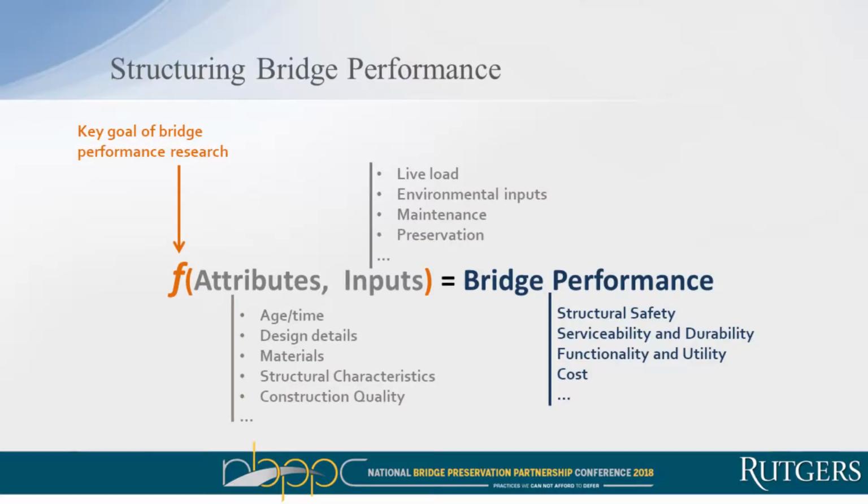And then inputs to that system that come from the outside. They can be environmental, live load, maintenance, you name it, right? And then there's a function that translates those inputs and attributes into certain performance measures. That can be as simple as a condition rating, or it can be a measure of structural safety or functionality or cost, or however you want to describe performance.